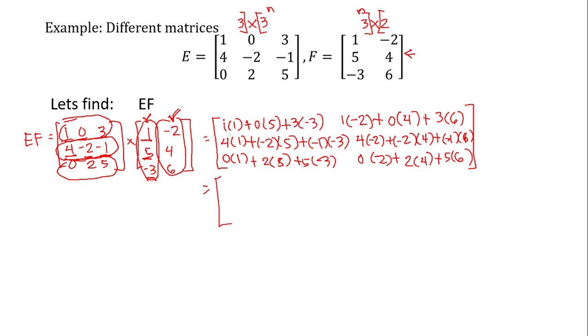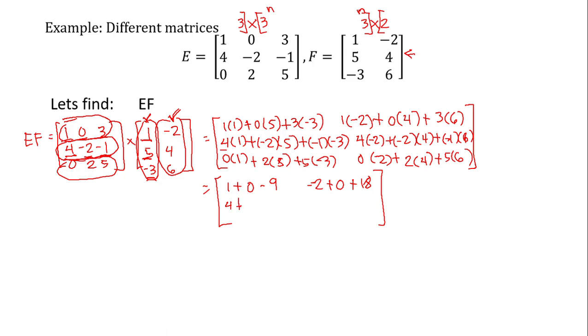Okay? So, we have 1 times 1 is 1 plus 0 times 5 is 0. We have 3 times negative 3 is negative 9. Next, 1 times negative 2 is negative 2. 0 times 4 is 0. And 3 times 6 is 18. Okay? Second naman dito. So, 4 times 1 is 4.